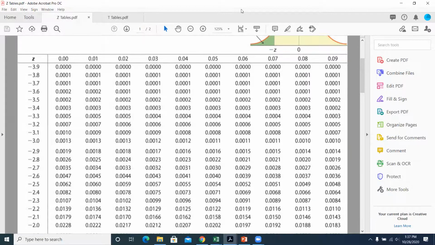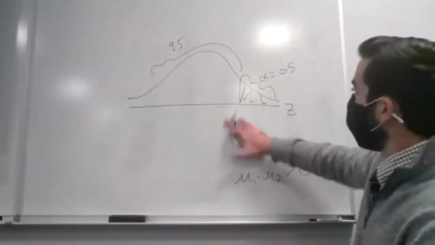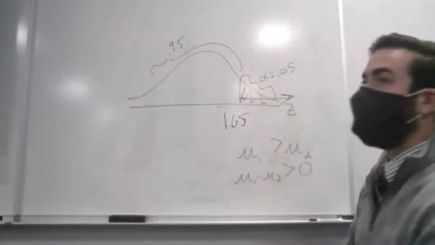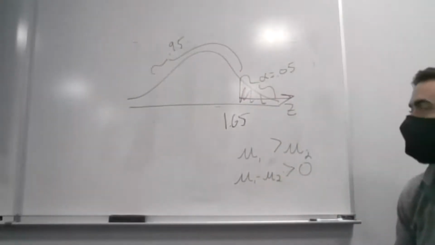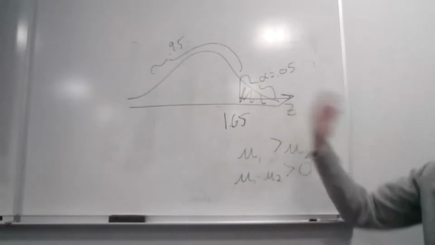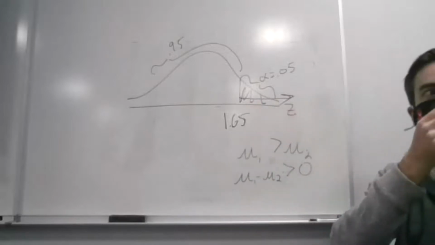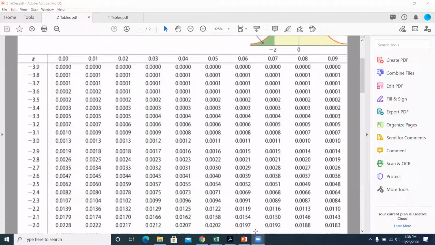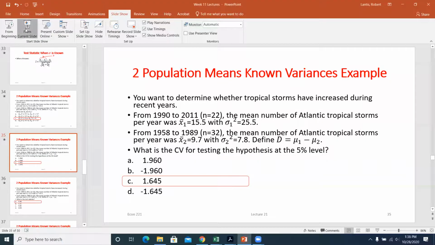Okay. So we've got this critical value of 1.65. Kind of draw an arrow into the tail, or think about it as anything more extreme than that critical value is my rejection region.